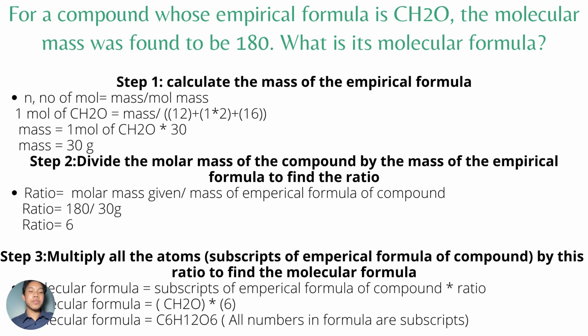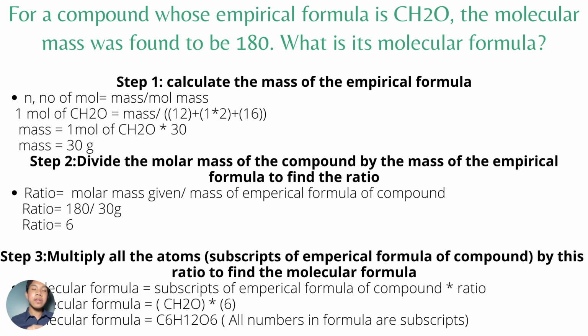So ratio is equal to the molar mass given, in this question 180, divided by the mass of the empirical formula of the compound. So here we'll get 6. So step 3, multiply all the atoms' subscripts by the ratio to find the molecular formula. The empirical formula is CH2O.